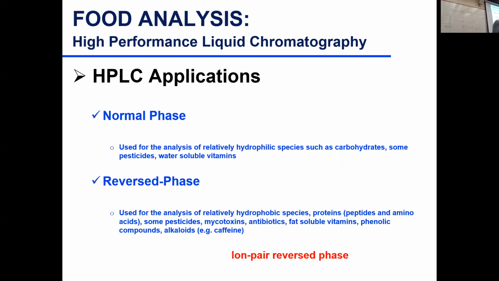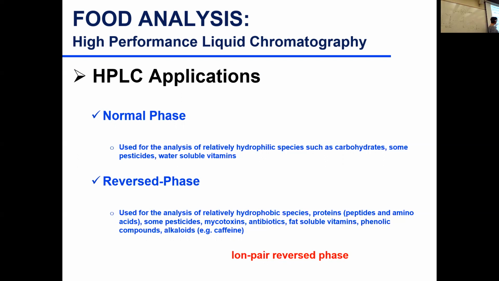So application for normal phase, usually use them for hydrophilic compounds that associate with the polar stationary phase and separate for detection. Reverse phase usually is used for compounds that are known to be more hydrophobic, liking nonpolar stationary phase. And there is ion pair reverse phase. So sometimes you have species that are charged and you really want to use reverse phase.